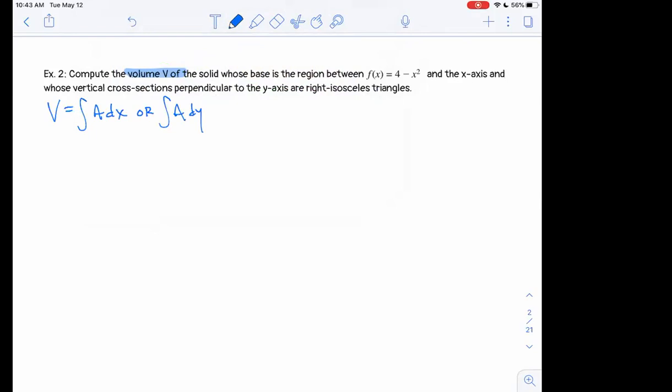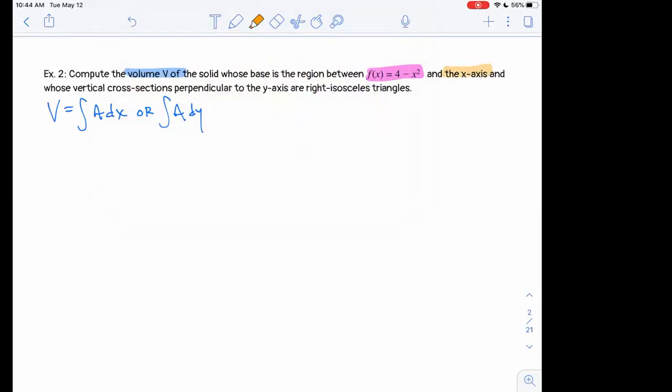I'm finding the volume of the solid whose base is the region between f of x equals 4 minus x squared, that's one curve, and the x-axis, so that's the other curve.